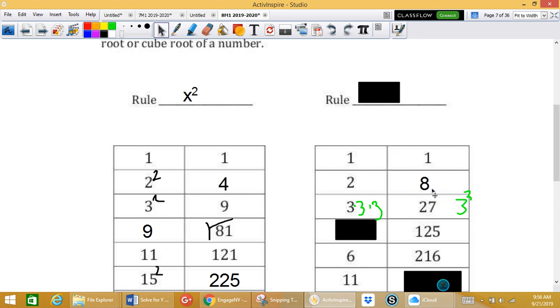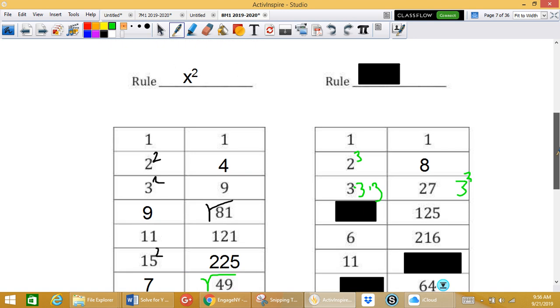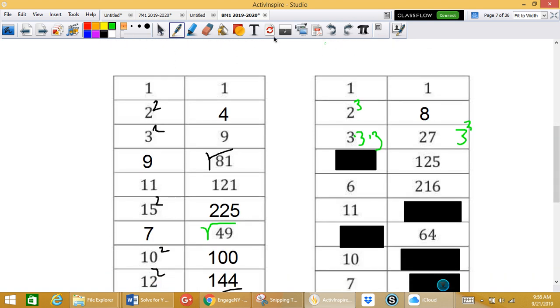So 2 cubed is going to be 8. So remember, cube is you're multiplying that number by itself 3 times. So that means now the cube root of 125 is 5. Remember, cube root has the little 3 there, square root doesn't.